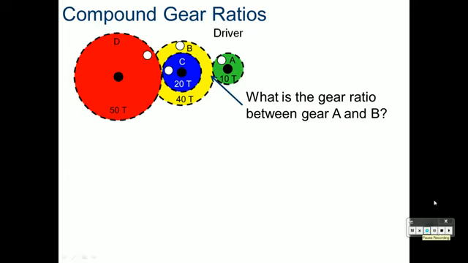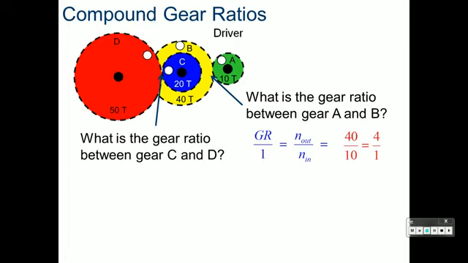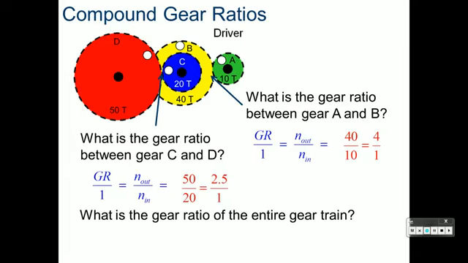So for the gear ratio between gear A and B, I have my number of teeth out over my number of teeth in. So I have 40 over 10, which would give me a gear ratio of 4 to 1. If I want to know the gear ratio between C and D, it gives me 50 over 20, or my out over my in, which is 2.5 to 1. To know the gear ratio of the entire train, I just multiply the two different gear ratios together and I get a gear ratio of 10 to 1.